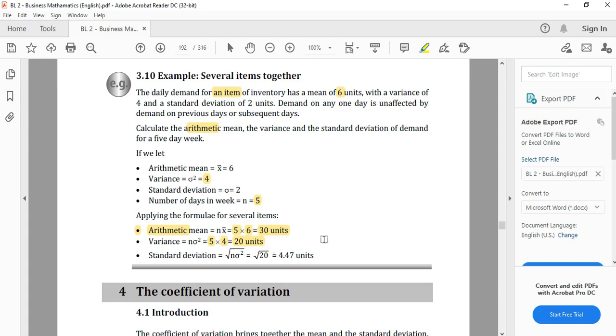And the standard deviation of 20 will be 4.47. So basically they have asked to calculate the mean, variance and standard deviation for a demand for a 5-day week. That's the reason we multiply it by 5.